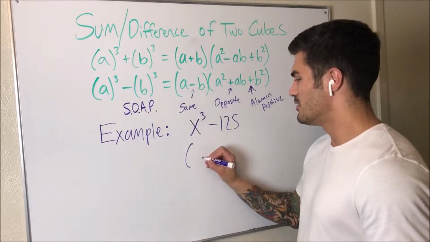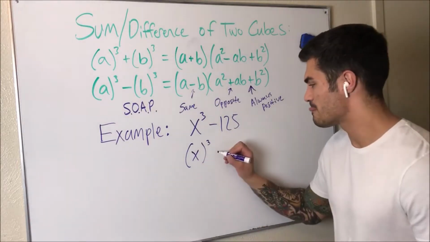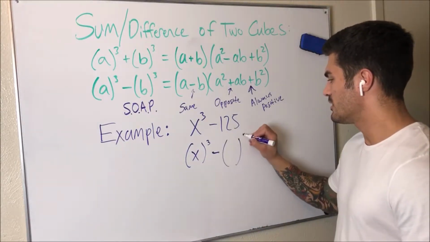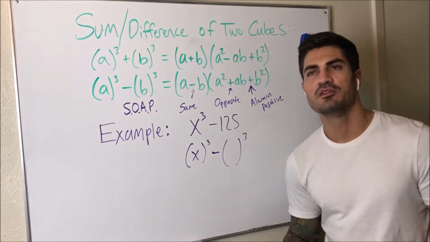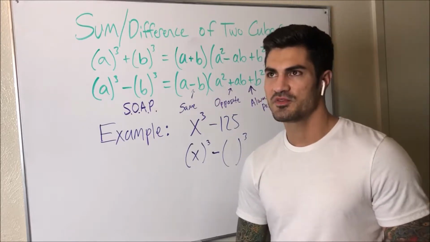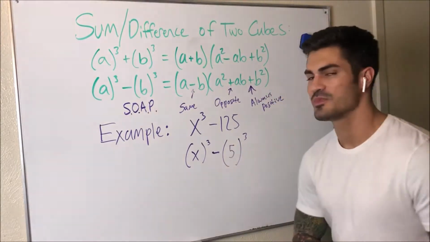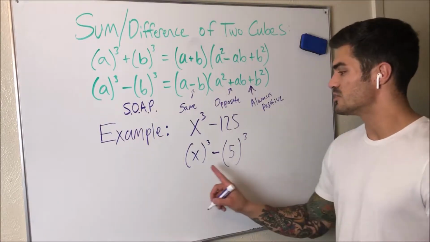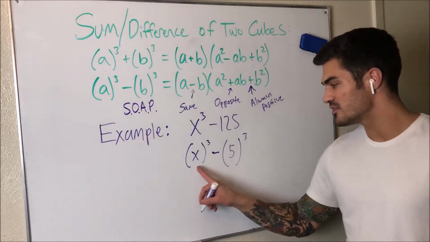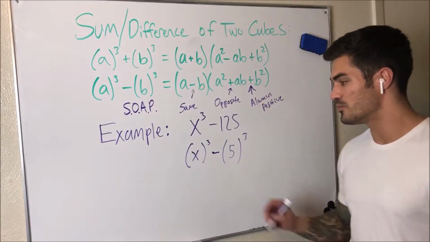So what can I cube to get x cubed? Well, that's simply x. What can I cube to get 125? 5 times 5 is 25, times 5 is 125, so it's actually going to be 5 cubed. Now I just plug in my A, which is x, and my B, which is 5, into this difference formula.